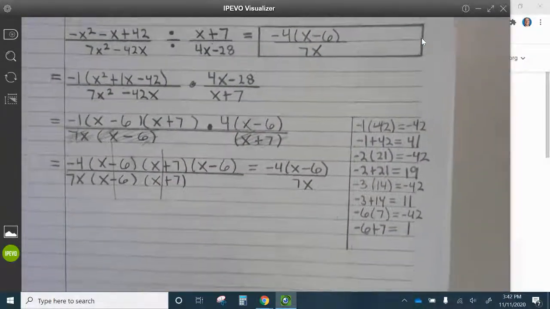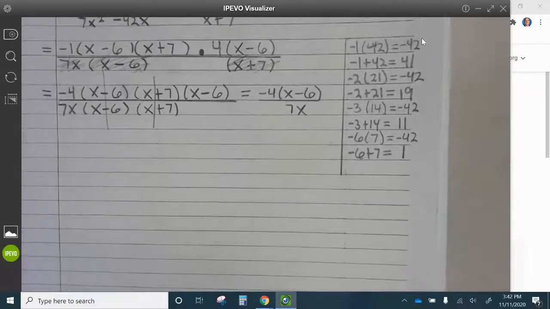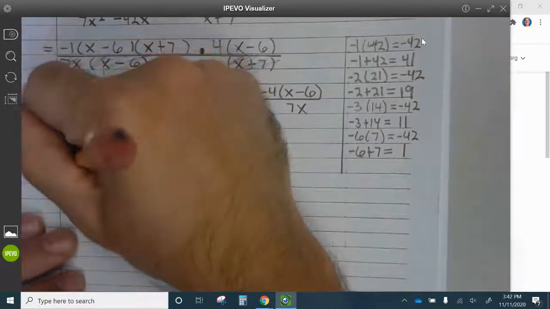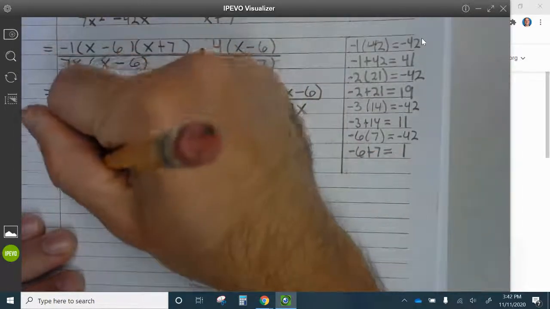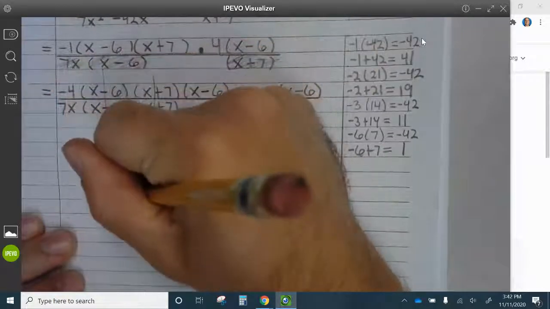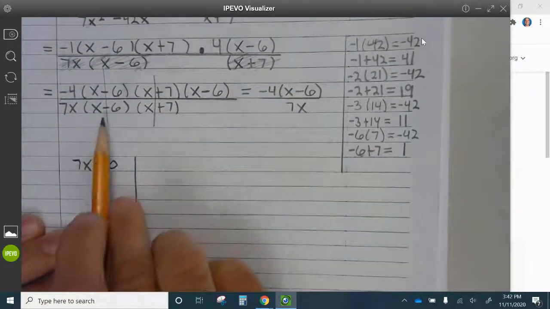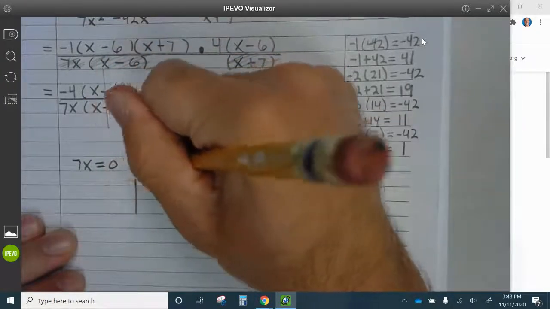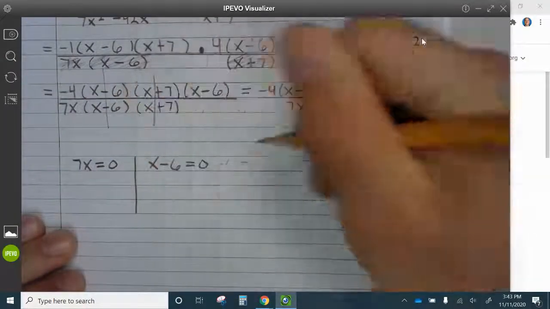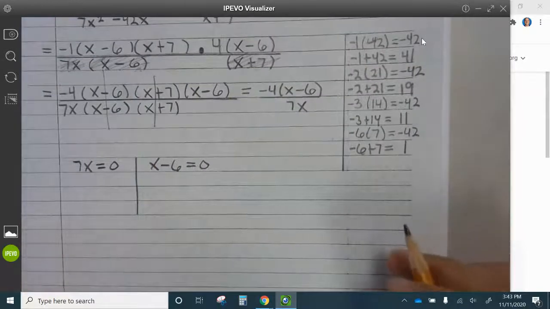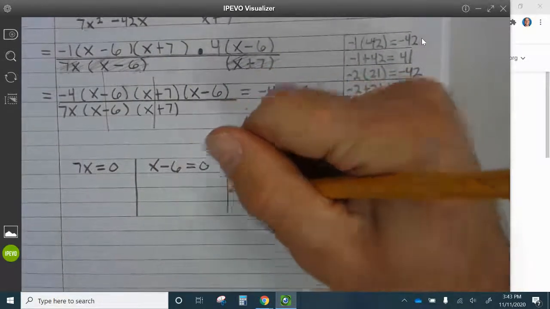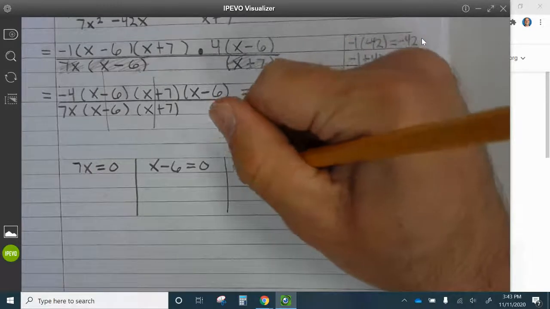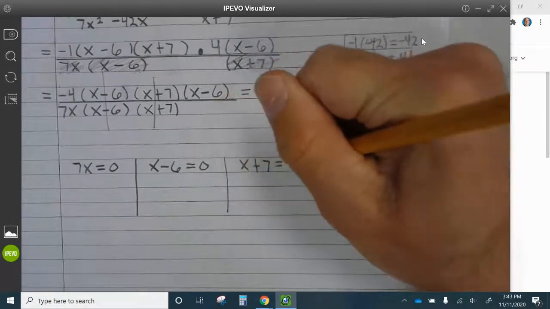Okay, so now let's set the denominators equal to 0. Okay, so we set 7x equal to 0. Okay, we set x minus 6 equal to 0. And then we set x plus 7 equal to 0.